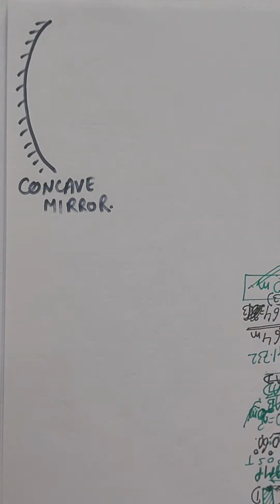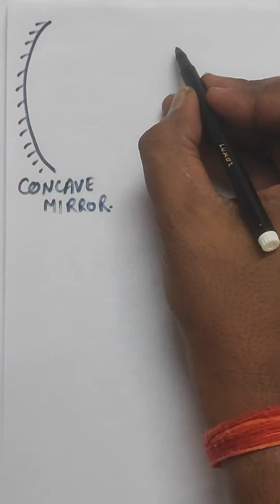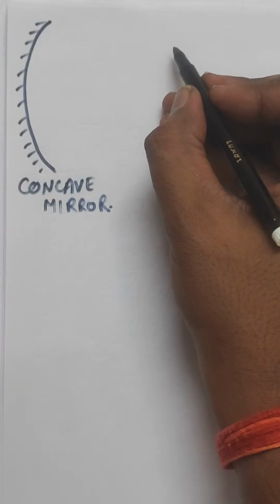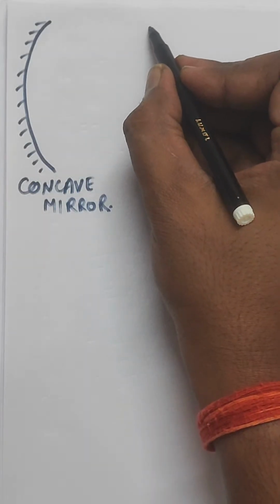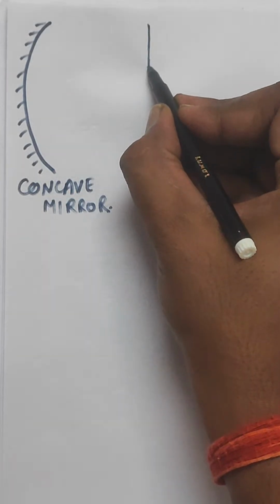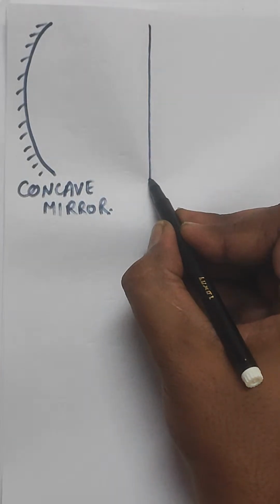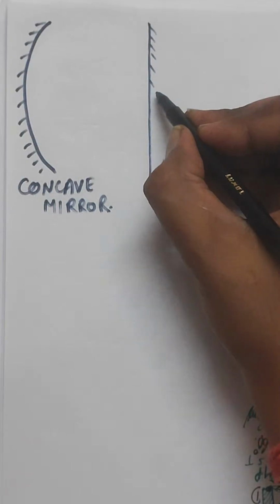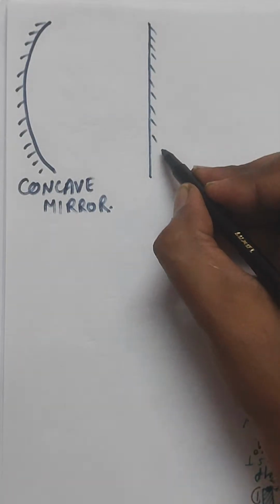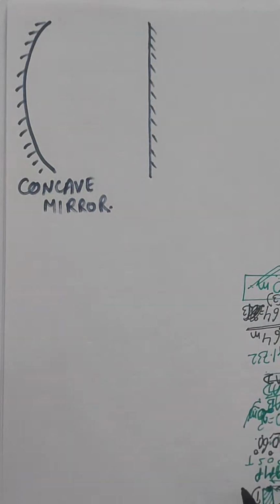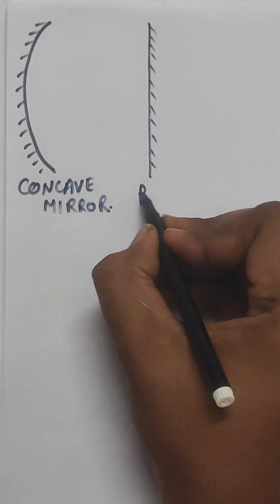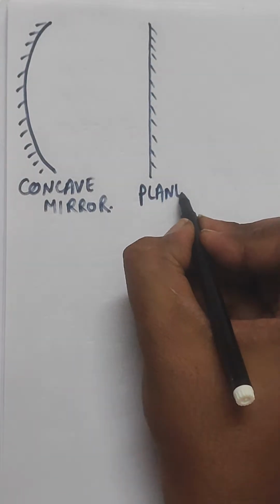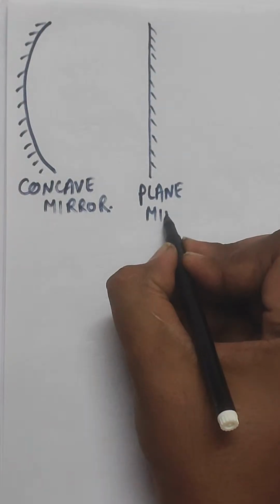So where is the plane mirror? The plane mirror is placed over here. It is just facing the concave mirror, so the polished portion of the plane mirror will be the back side, right? This is the plane mirror.